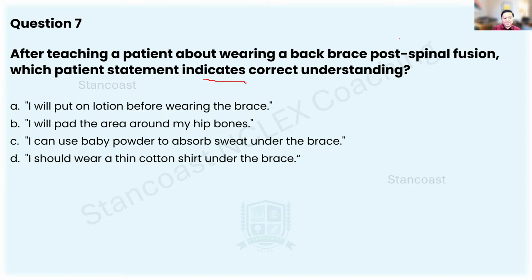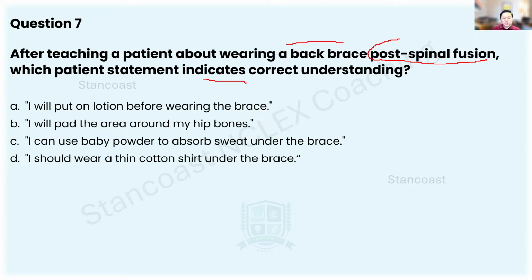So there is a prescription to wear the back brace post-surgery. So which of those? You're answering letter D, which is I should wear a thin cotton shirt under the brace. Yes, that is the correct answer for those patients that are actually going to wear those braces, TLSO or whatever appliance that is.